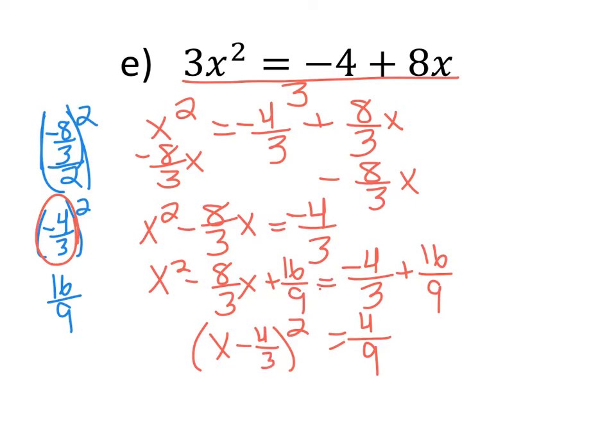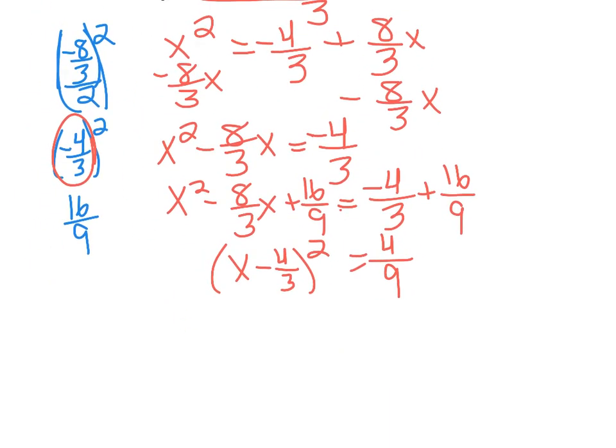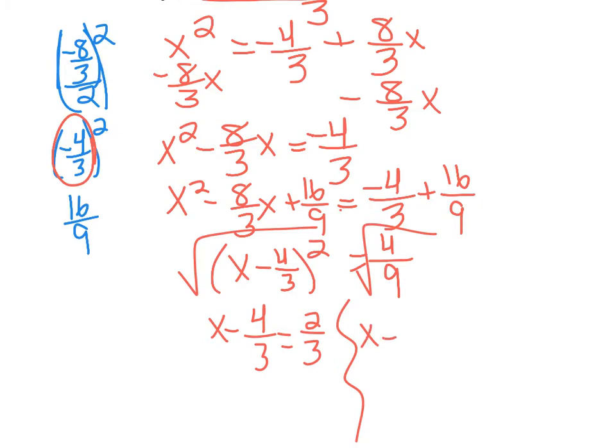So it's x minus 4/3 squared equals 4/9. Square root both sides, and we get x minus 4/3 equals the square root of 4/9. You'd basically take the square root of the top and the bottom. Ends up being perfect squares in both the numerator and denominator. So it equals positive 2/3, and x minus 4/3 equals negative 2/3.